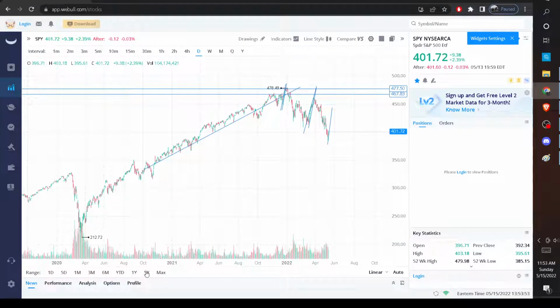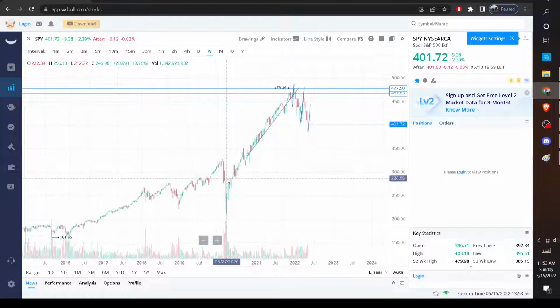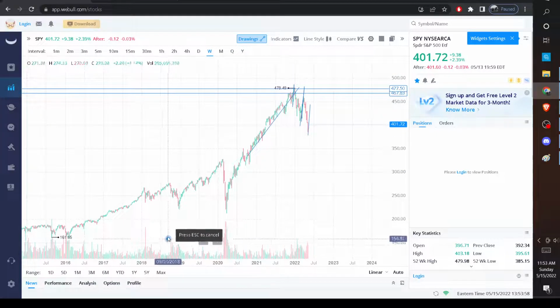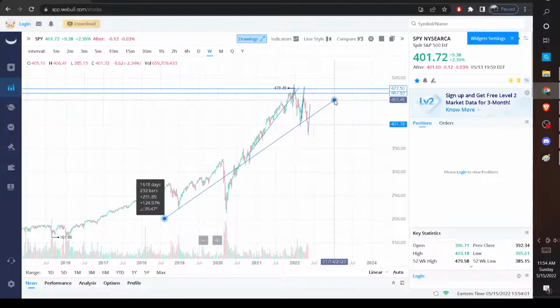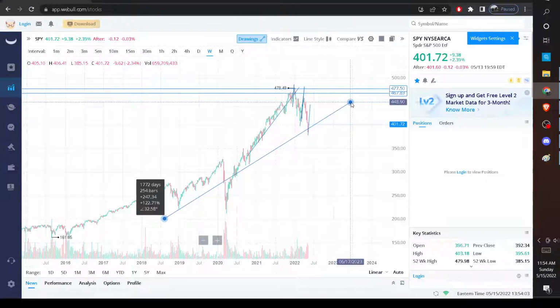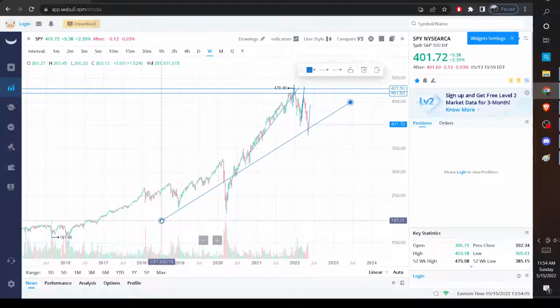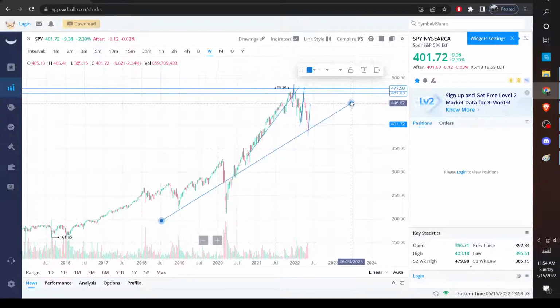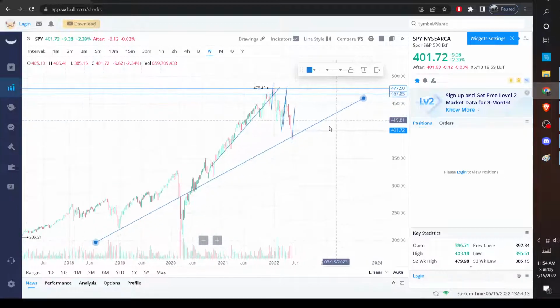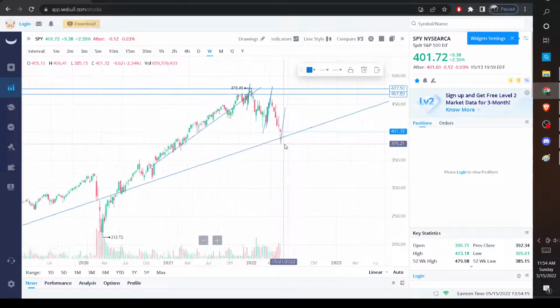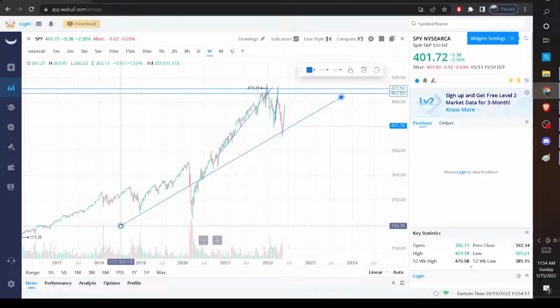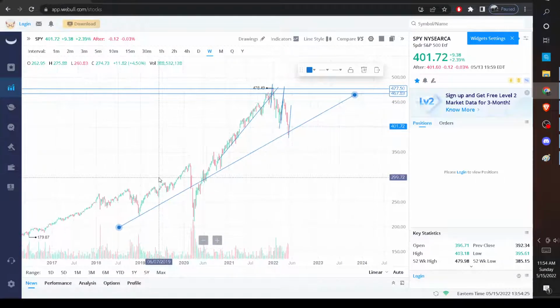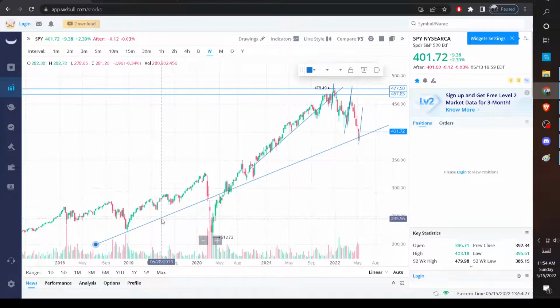And you can always zoom out further. So yeah, notice this.